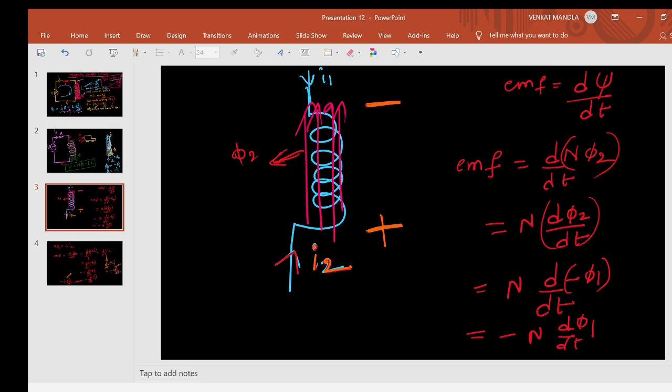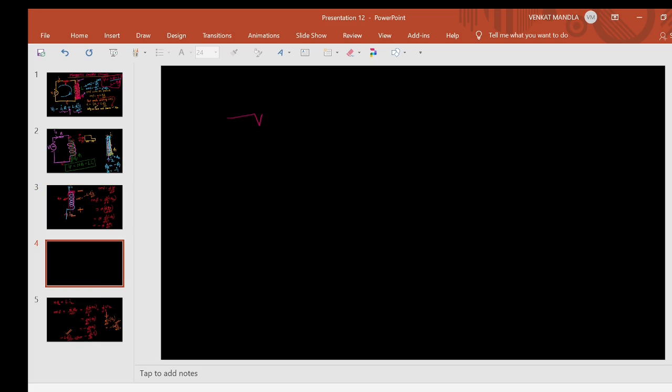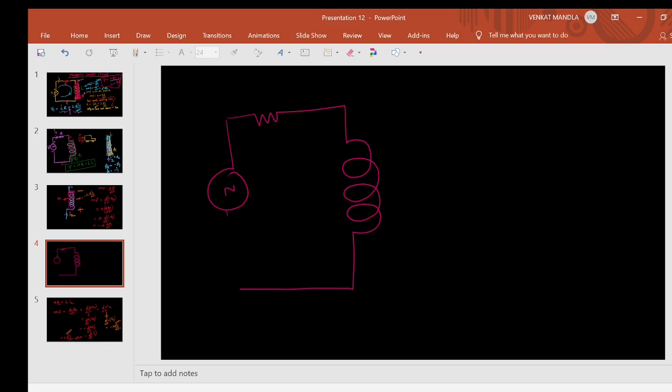Now, what we got, okay? I will represent these things in the circuit. The EMF we got is minus L into dI1 by dt. This is V1, this is R, this is I1, right? So plus minus, the induced EMF is minus L dI1 by dt.